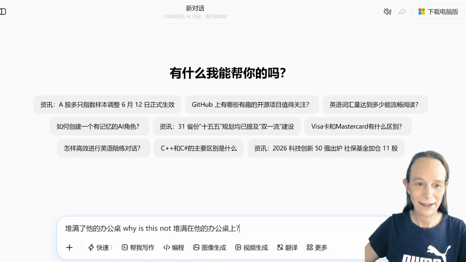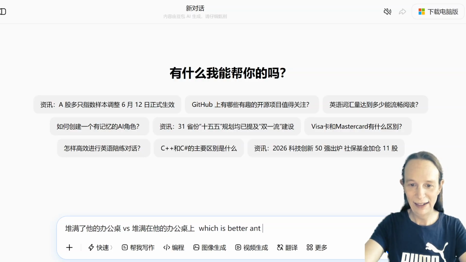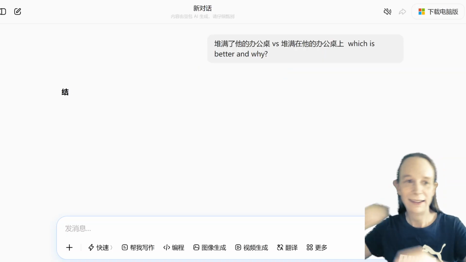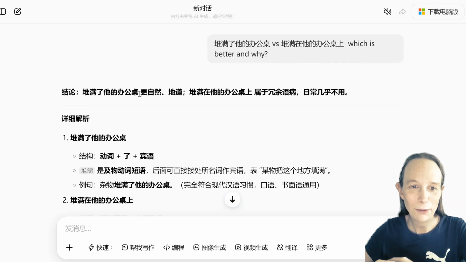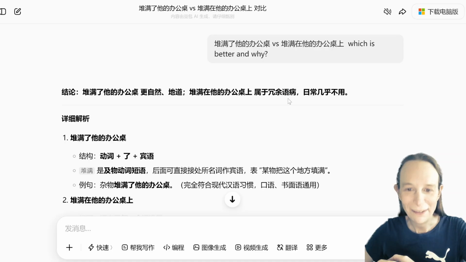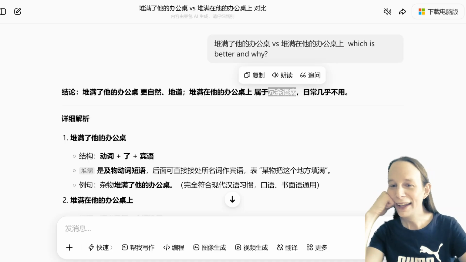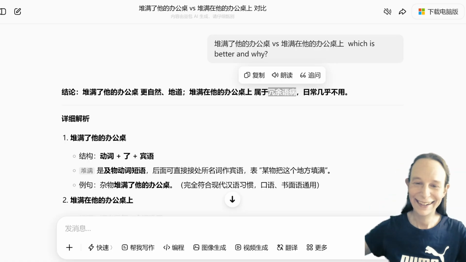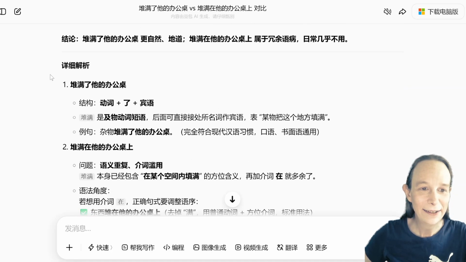So versus this, which is better and why? 结论，堆满了他的办公桌更自然地道，堆满在他的办公桌上属于冗余语病. A redundant grammar error. All right, them's fighting words. 日常几乎不用. Okay, 堆满了他的办公桌.